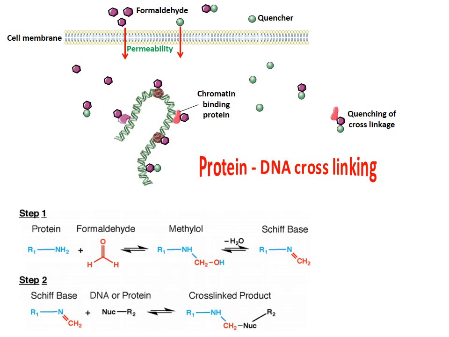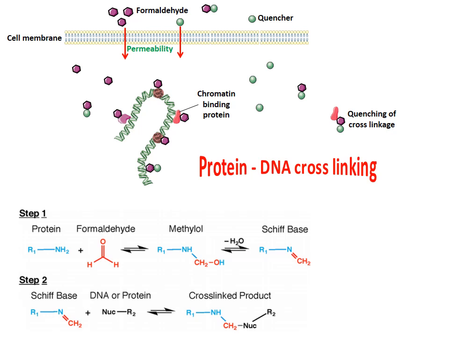So the covalent bonding forms the addition product methylol, which will release the water molecule and form Schiff's base. These Schiff's bases are highly unstable. They either decompose readily or they can further be attacked by another nucleophilic species, here preferably from the amino group of the DNA base. That's how it forms the cross-linking between protein and DNA.